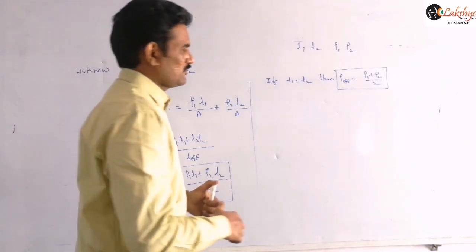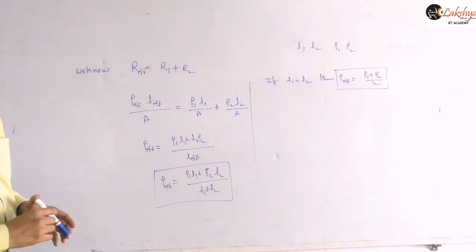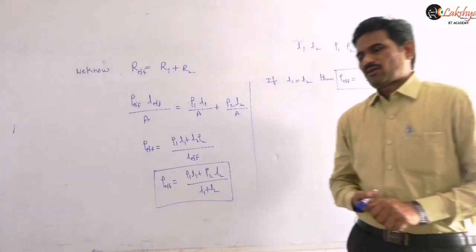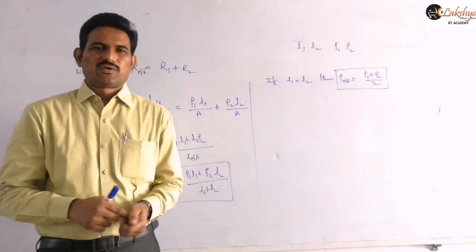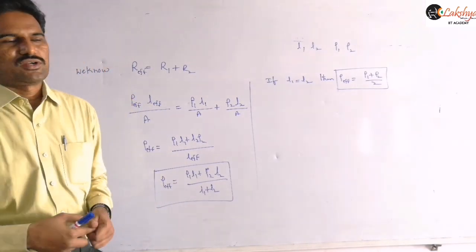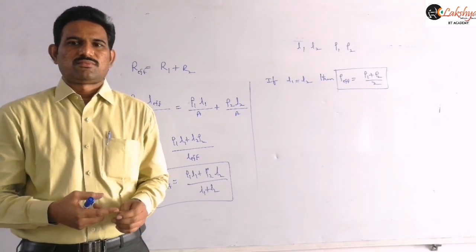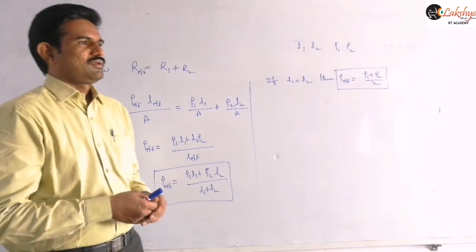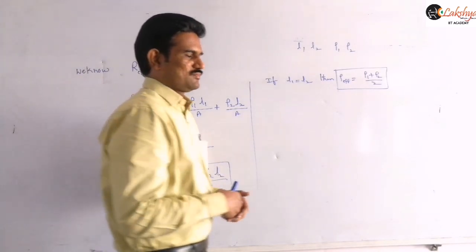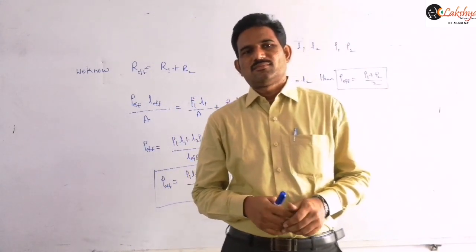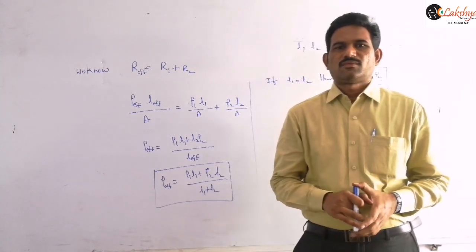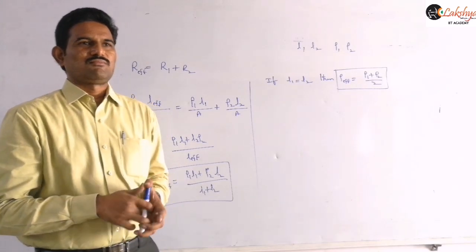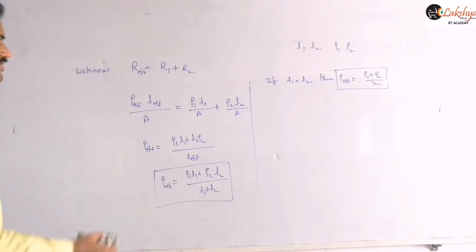So write that problem. Two resistors having resistivities rho 1 and rho 2, area of cross sections A1 and A2, and having same length, are joined in parallel.